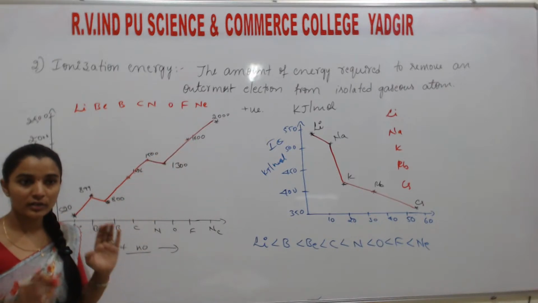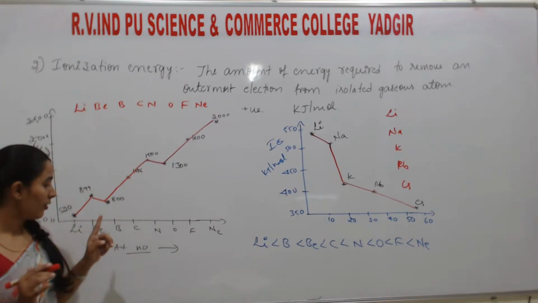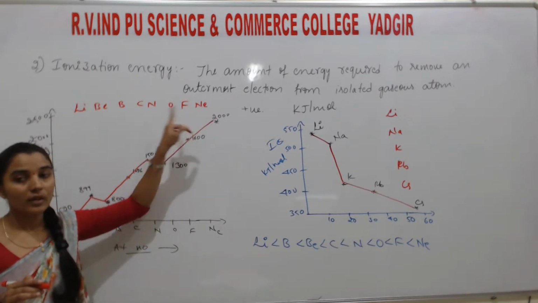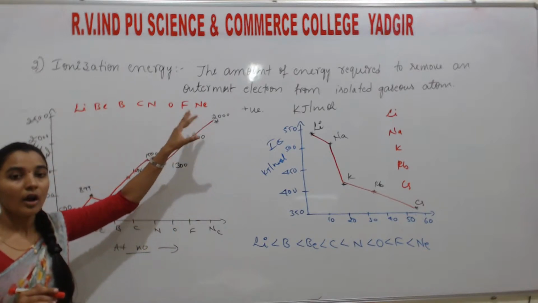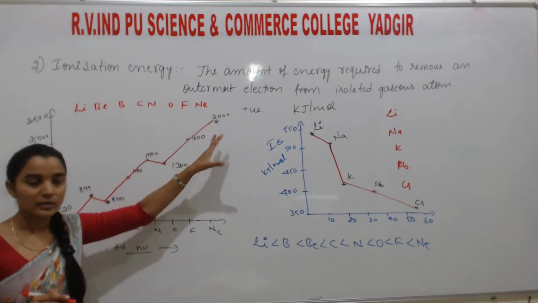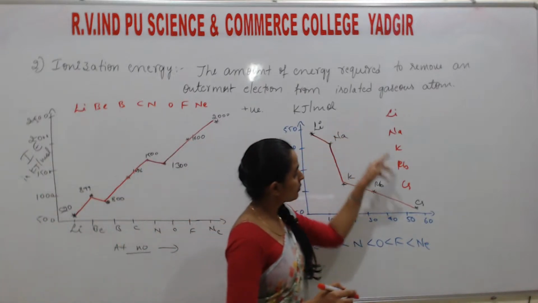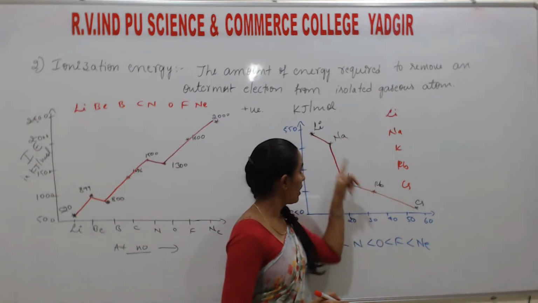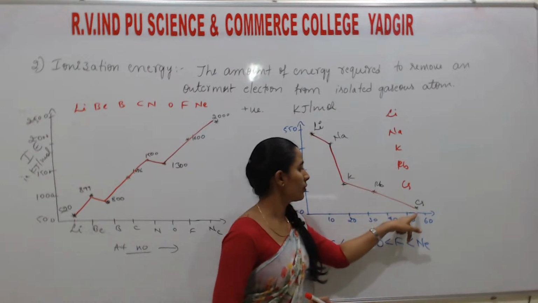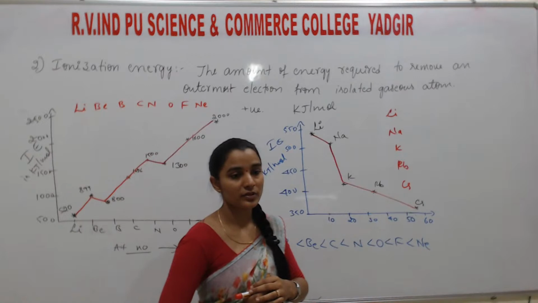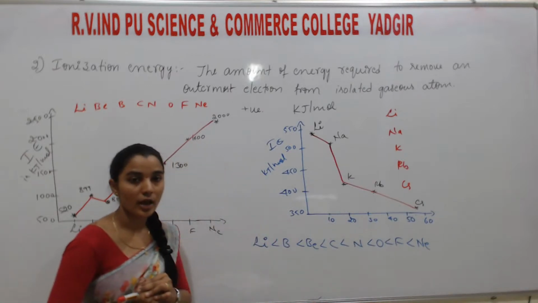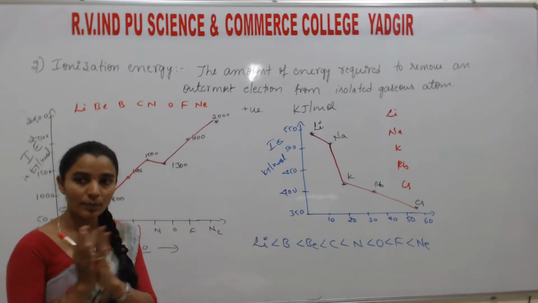Variations we are not considering, just we are considering the graph. From lithium to neon, the ionization energy increases. That means along the period, ionization energy increases. From lithium to cesium means along the group, ionization energy decreases. Understand? So this graph tells about the variation in the ionization energy in the periodic table.